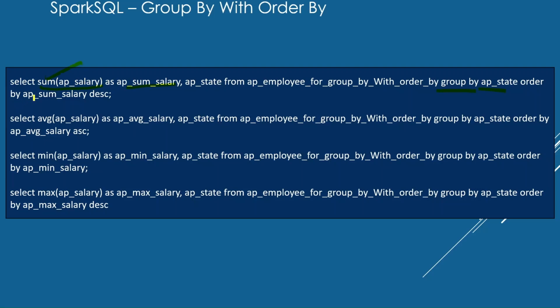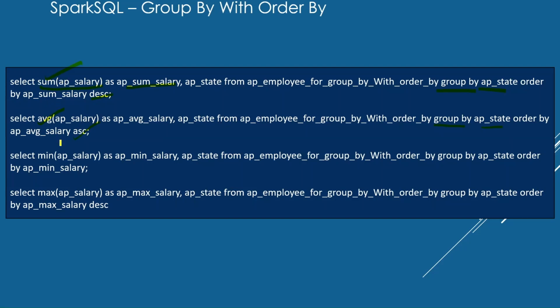We are saying order the resultant data which we are getting with the help of a group by and aggregate function, arrange it in descending order. Same here, we are doing our average aggregate over the top of the group by statement on column AP state, and we are saying order the resultant data in ascending order.